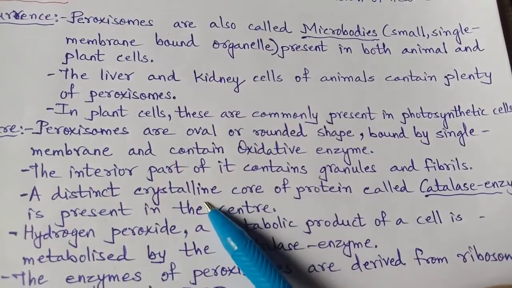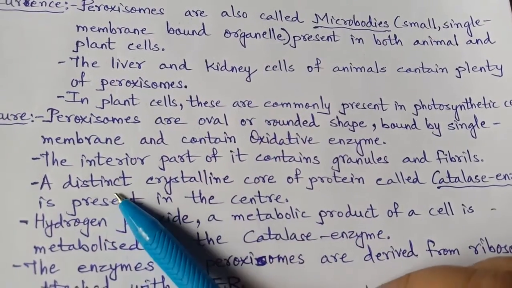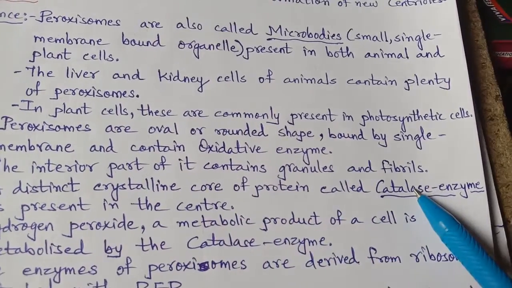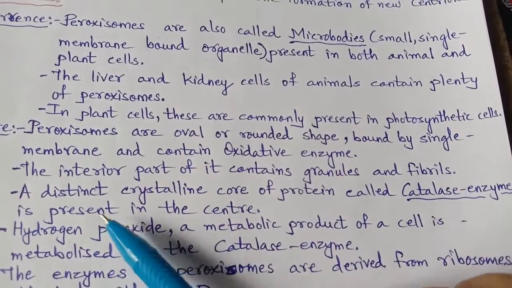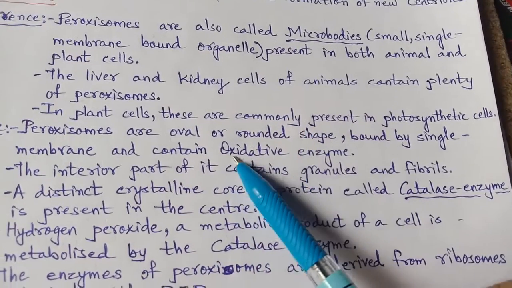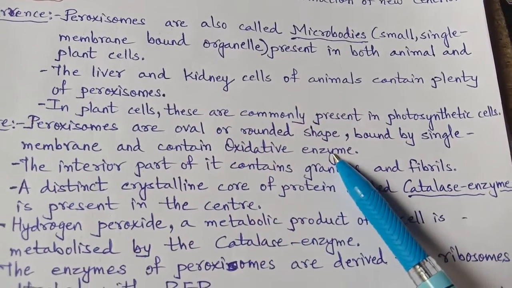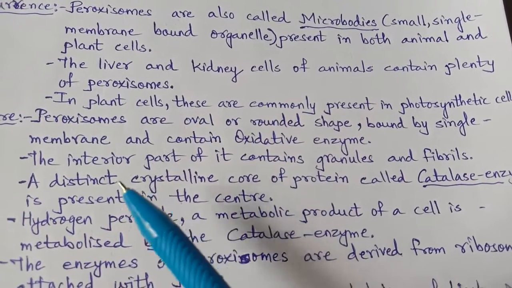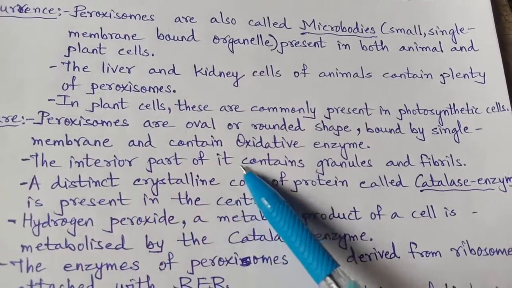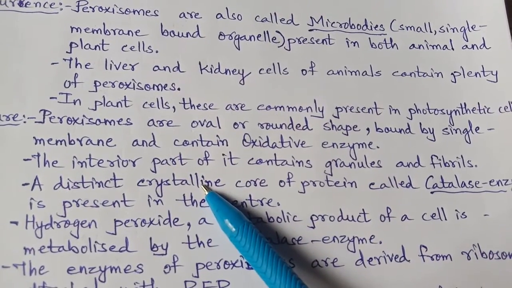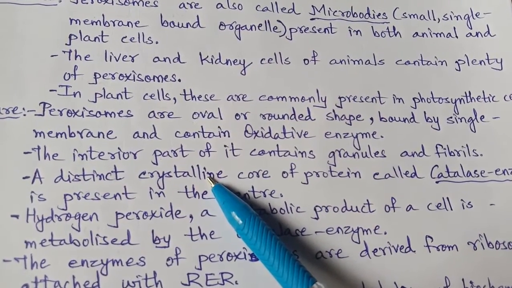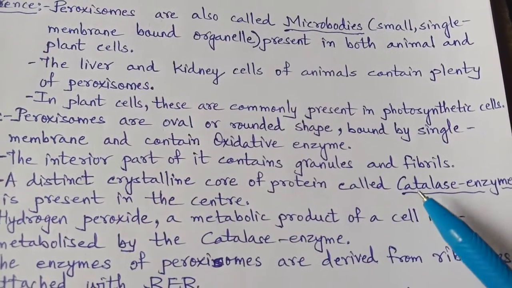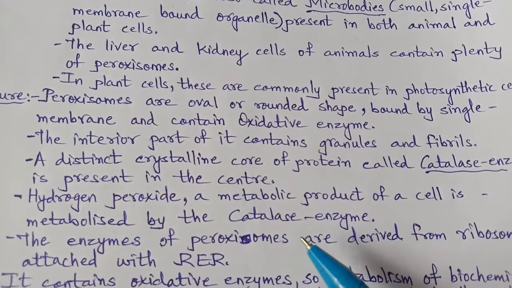A distinct, that means separate, crystalline core of protein called catalase enzyme is present in the center. As I told, it contains oxidative enzymes. But in the center of peroxisomes there is a crystalline core, that means very center, crystal form like sugar particles, a protein, which is the catalase enzyme.